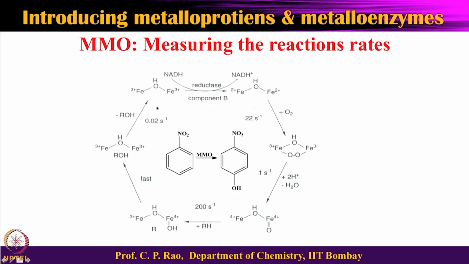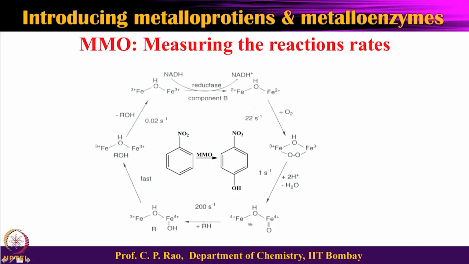Now, let us look at the rates. So, initially the reductase electron transfer is, of course, very fast, then the oxygen step is 22 per second, and the next one is the breakage of this peroxide, the peroxo bridge, to water and ferryl, and that is only 1 per second.